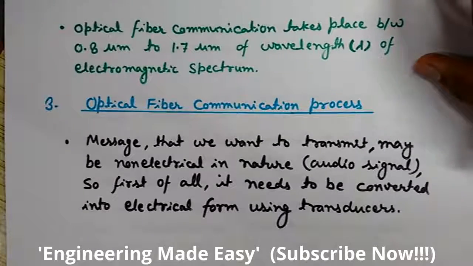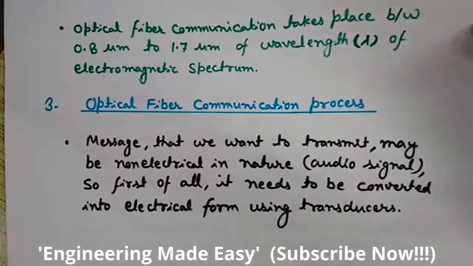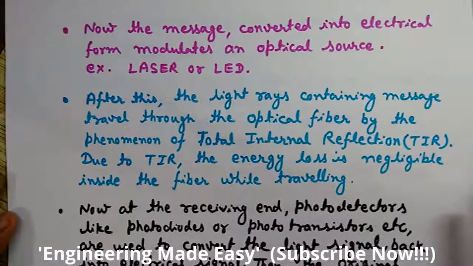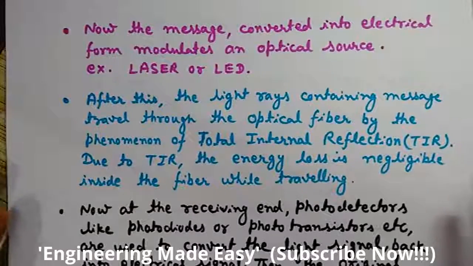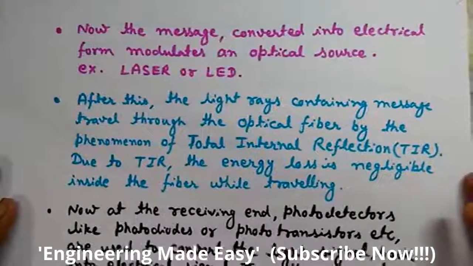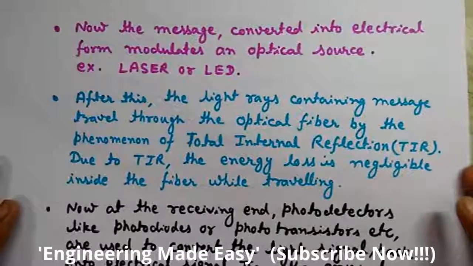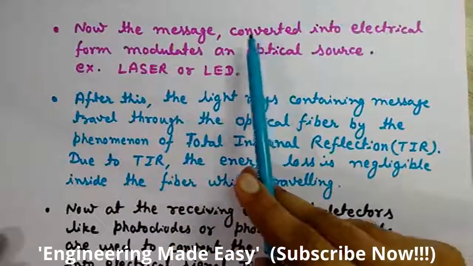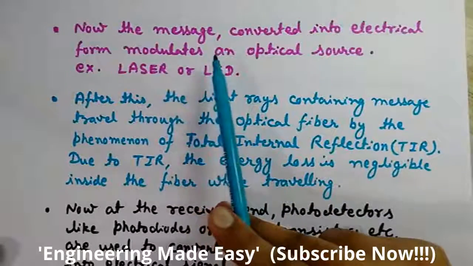They convert energy from one form to another. So we need to first convert this non-electrical signal into electrical signal. When it has been converted using the transducers, then the message is in electrical form.